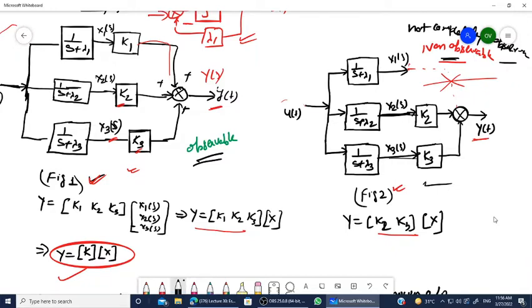However, in figure 1, all the state variables, x1, x2, x3, we may obtain at the output, or we can determine all the state variables with the help of this output. In figure 2, only x2 and x3 can be found out. However, x1 cannot be determined, and therefore this is not completely observable.